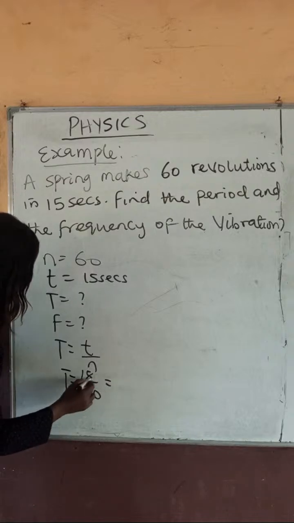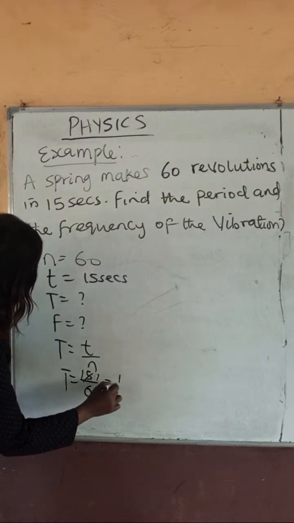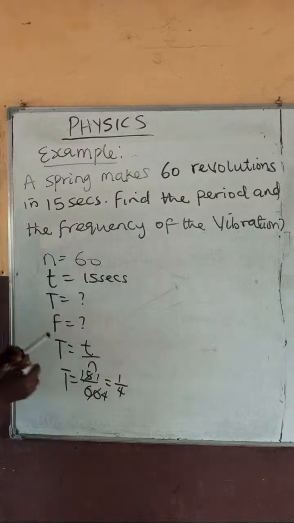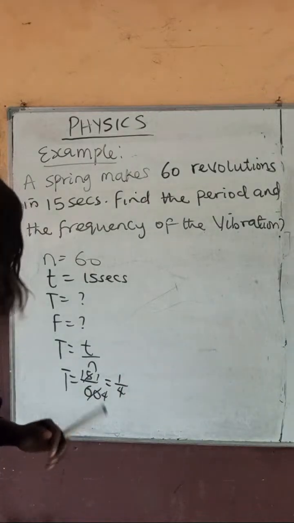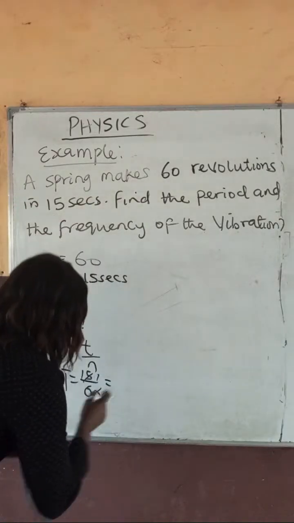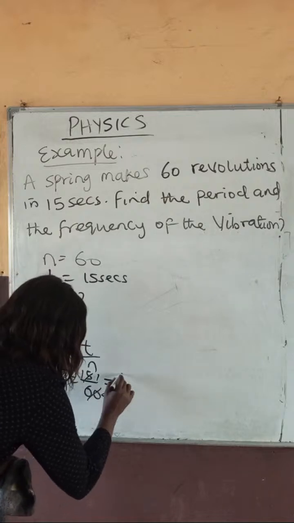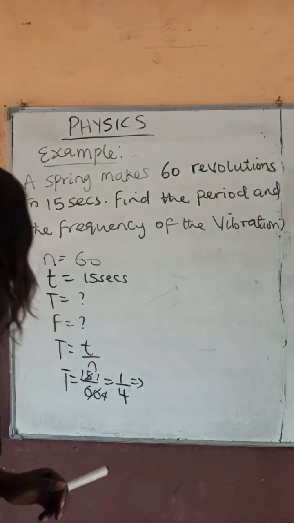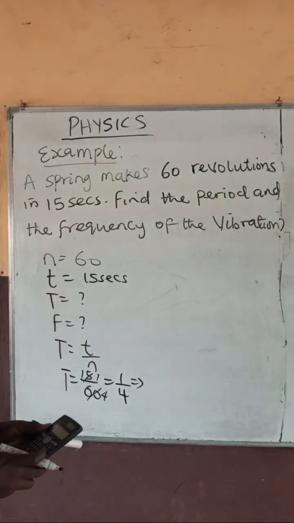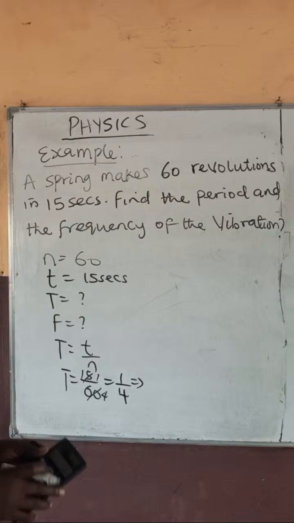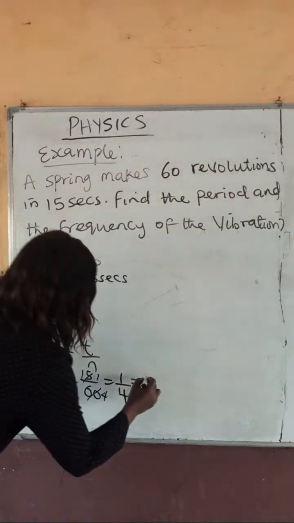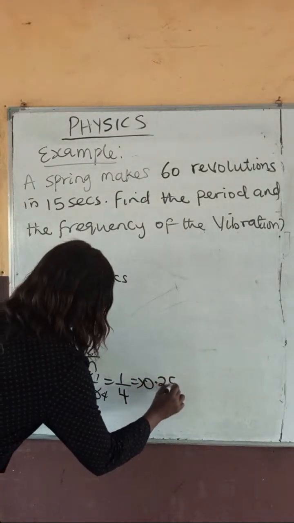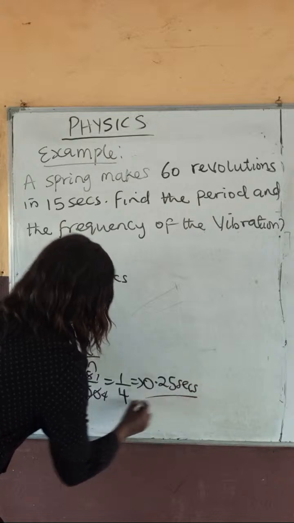If you divide, it's going to give me 1 over 4. So by the time you divide 1 by 4, the answer becomes 0.25 seconds.